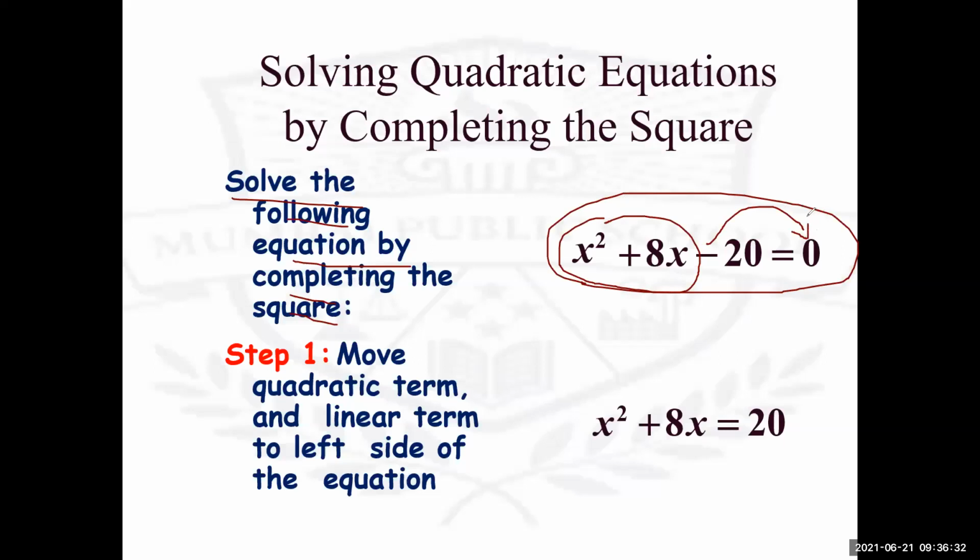Understood this? So your equation is written as x square plus 8x equals 20. Is this clear to all the students?